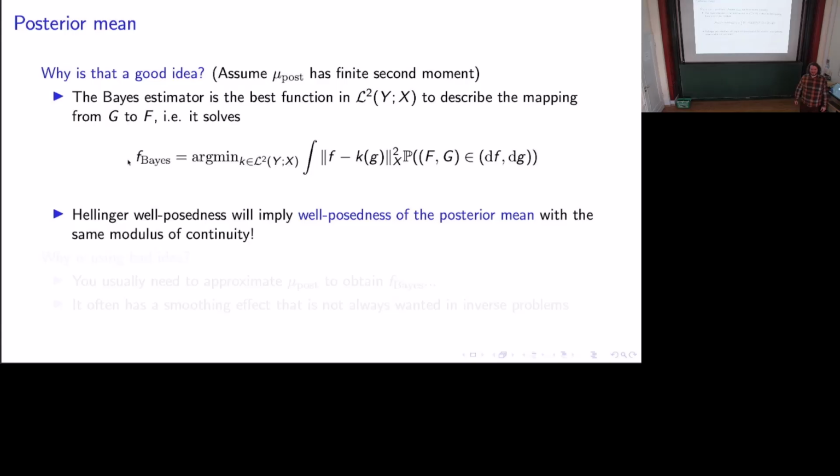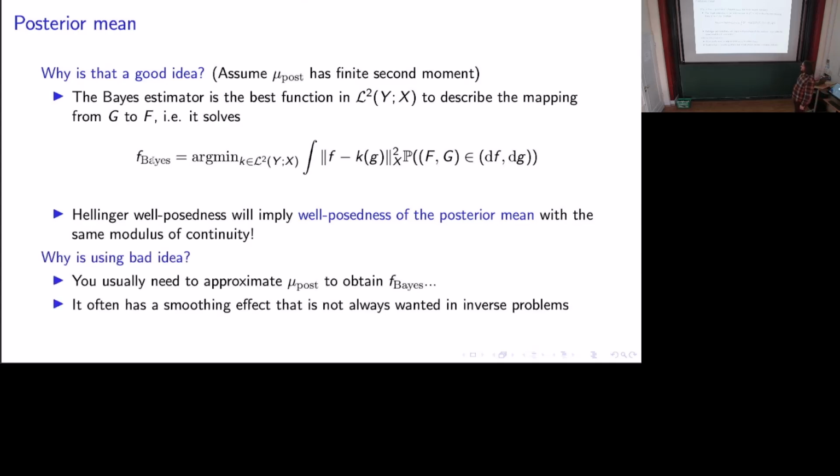When you compute expectations in the two distributions and compare them, they scale exactly as the Hellinger distance does. So if you knew Lipschitz continuity in Hellinger distance, then you would automatically know that this is also Lipschitz continuous as a function of the data, which is a cool result. That's why Hellinger is popular.